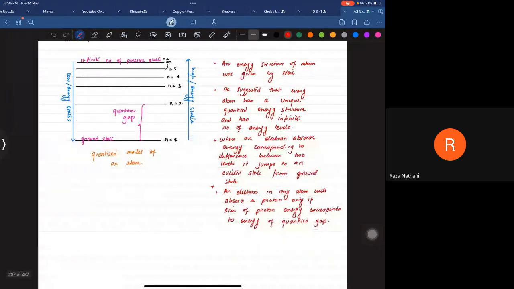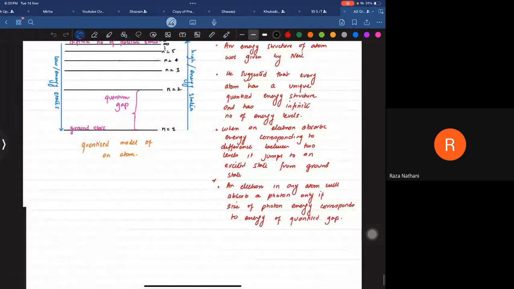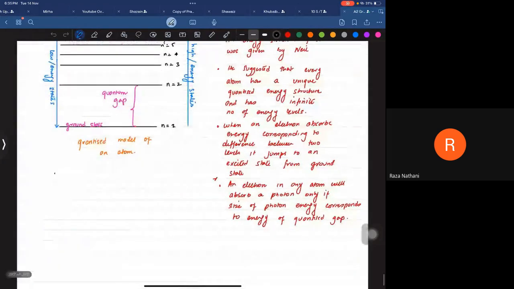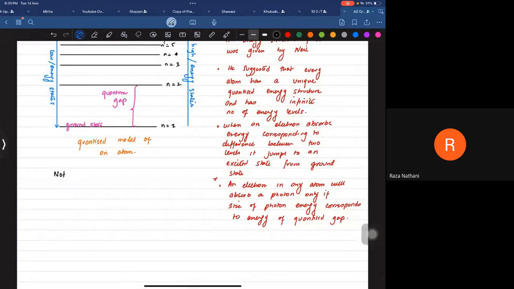Well, it's not required by the course itself, but just for your general knowledge, if it ever comes up in MDCAT, or maybe you're giving some university test, just write that for this quantized structure, the energy between these gaps can be calculated with this formula: minus 13.6 Z squared over n squared eV.